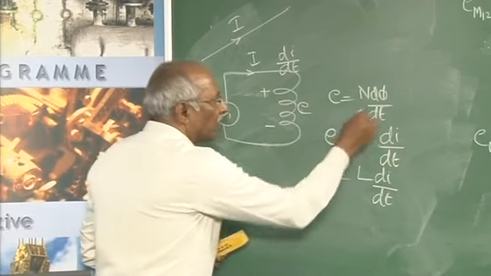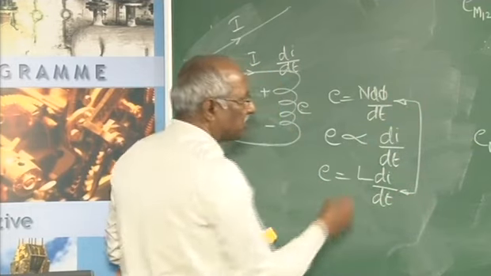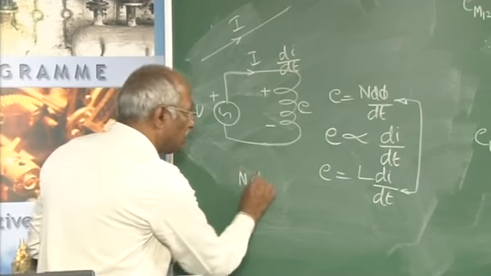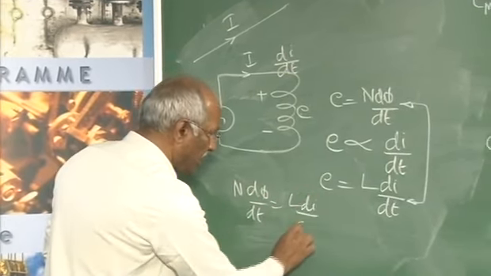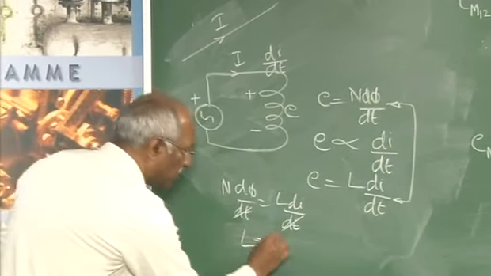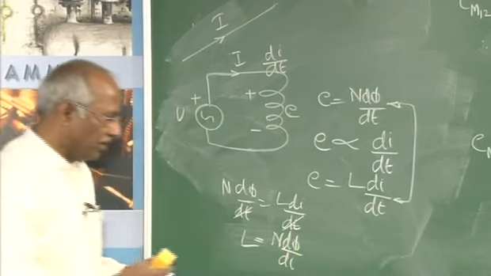So, when the induced EMF is represented in different possible ways, these two must be the same. In that respect, N d phi by dt is equal to L di by dt, or L, this gets cancelled, is equal to N d phi by di, the inductance.